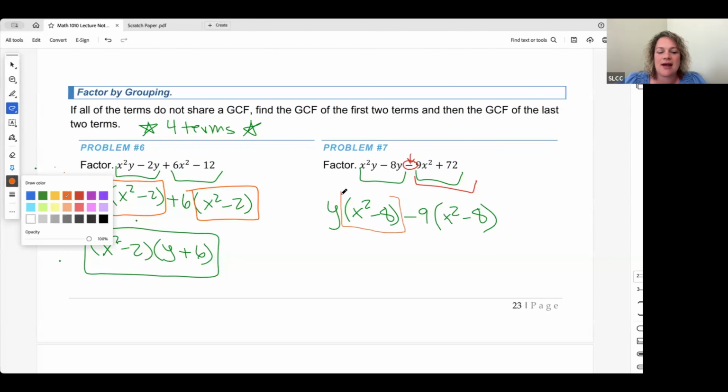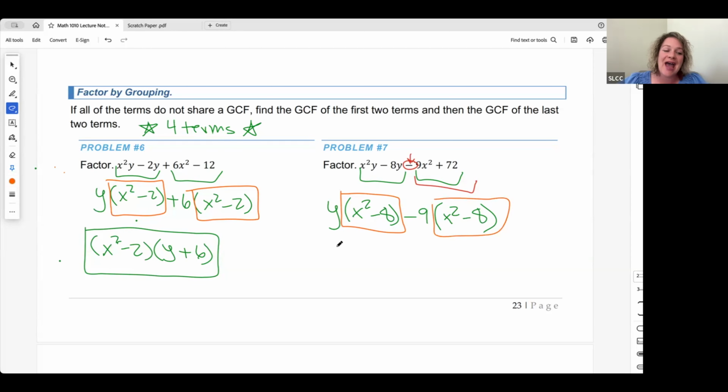So I have x squared minus 8, which is common to both terms, and that's what I factor out. So x squared minus 8, and what do I have left? When I divide the first term by that, I get y, and the second term, I get minus 9. And then you have problem number 7 factored.